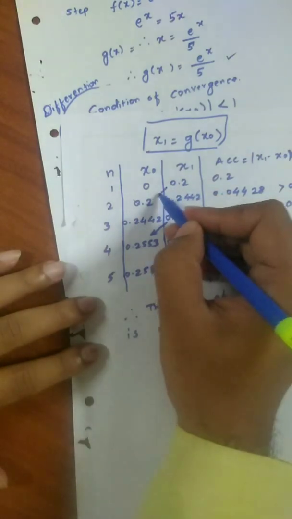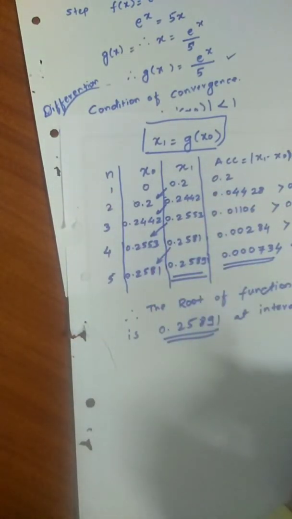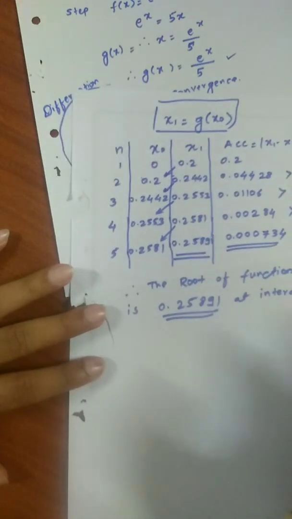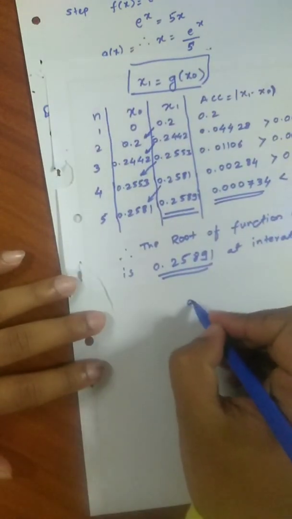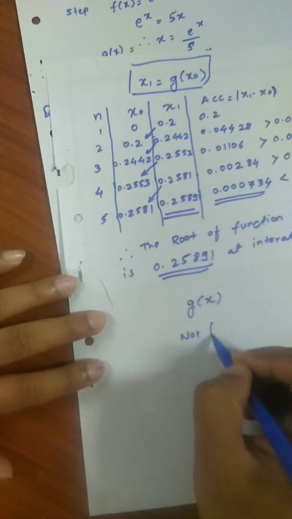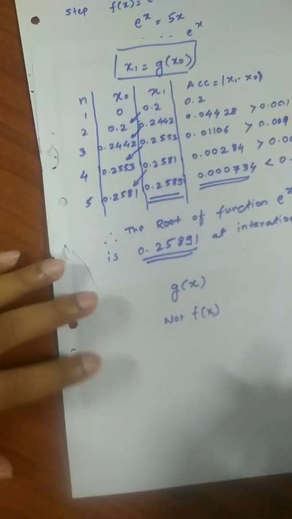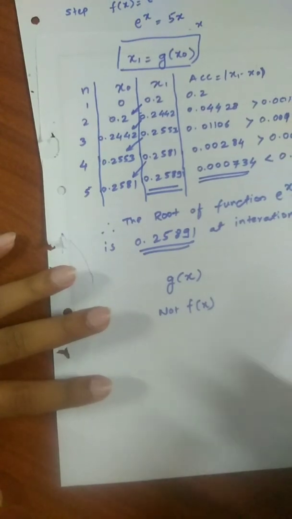So you need to replace the previous value of x1 with the latest value of x0. Like this we need to solve for the successive approximation method. In the successive approximation method, you must remember we need to use g of x, not f of x, for the calculation. Thank you all for watching this video.